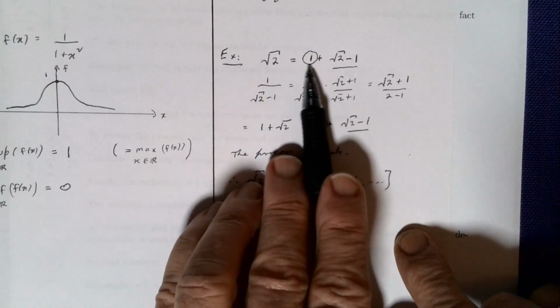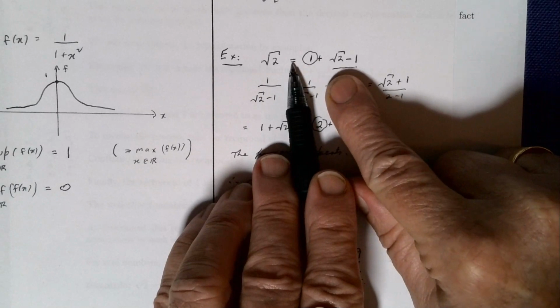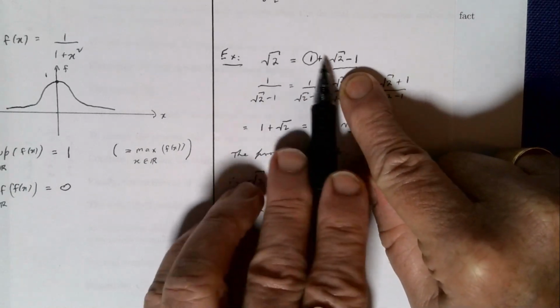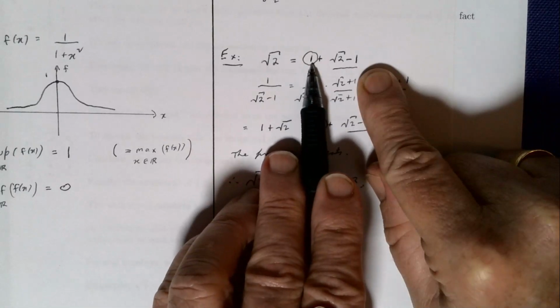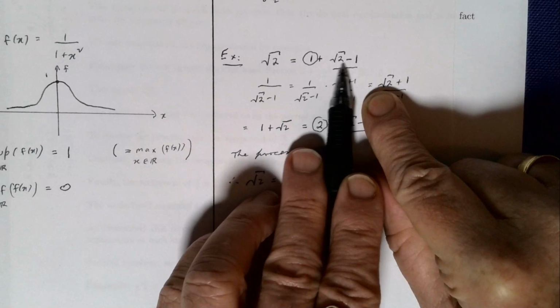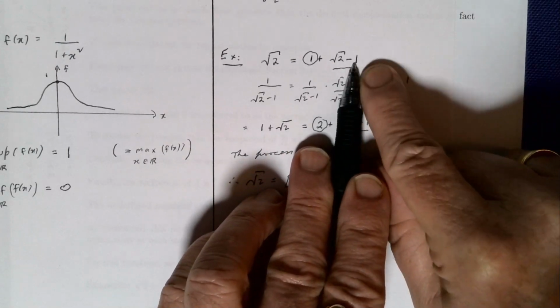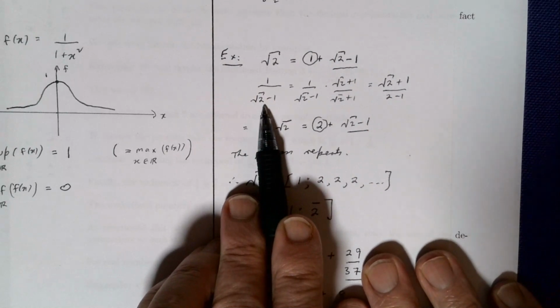So we copy down the 1, and then I want it to be equal, so I've got to patch it up. I'll have to add a root 2, so I get a root 2 in both sides, and I'll have to subtract 1 to kill off that 1. So we'll hang on to the 1, and now we look at root 2 minus 1. We take 1 over this number, so we get 1 over root 2 minus 1.